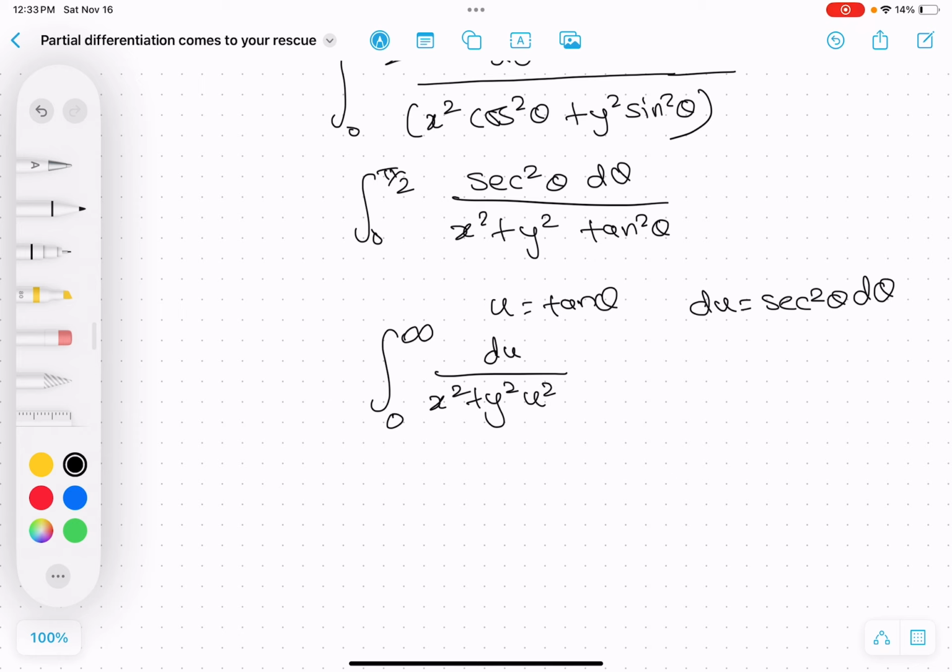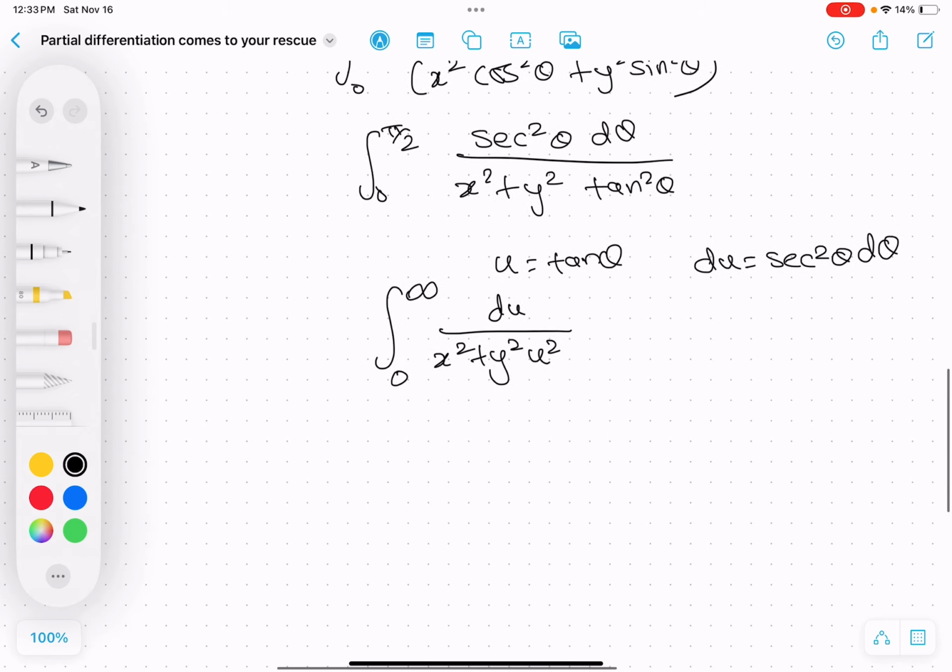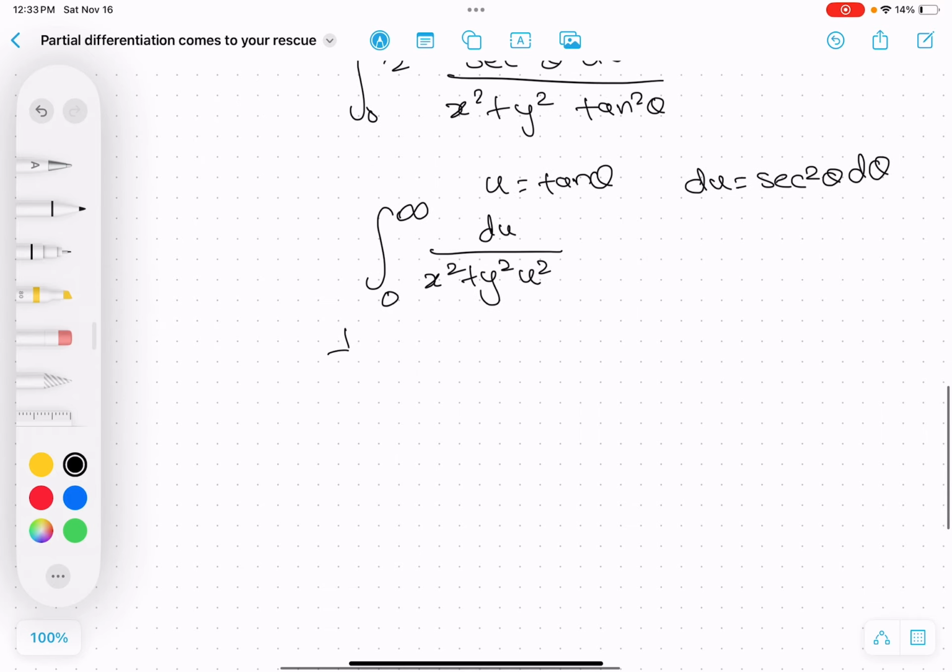Now note that since this integrand is in terms of u, x and y are just constants, right? So I can just take 1 by y square outside, and the integral will be u square plus x by y whole square.